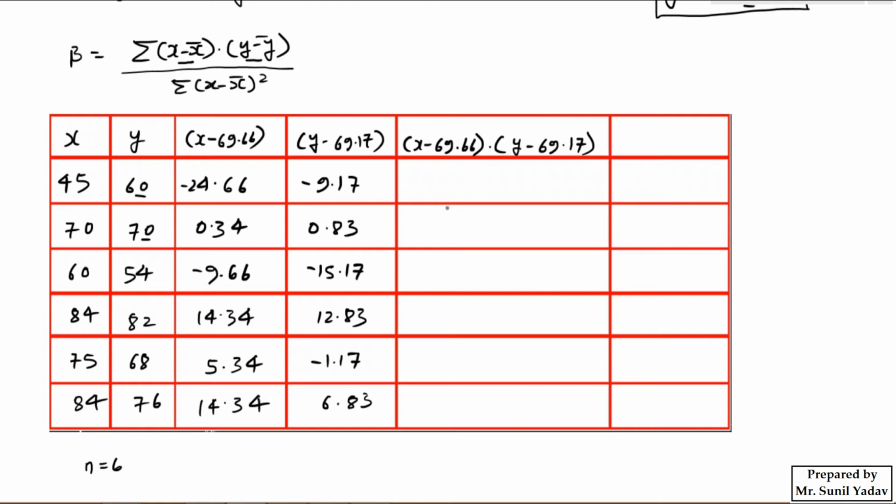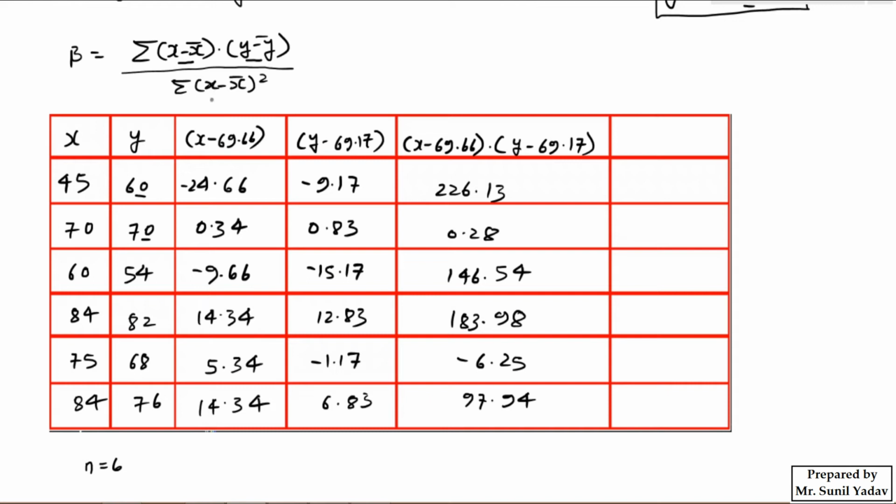So it will be 226.13, and here we'll get 0.28, and the next value will be 146.54, and here 183.98, and here minus 6.25, and here it will be 97.94.